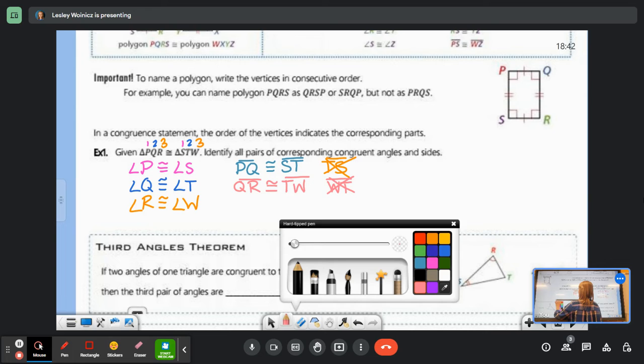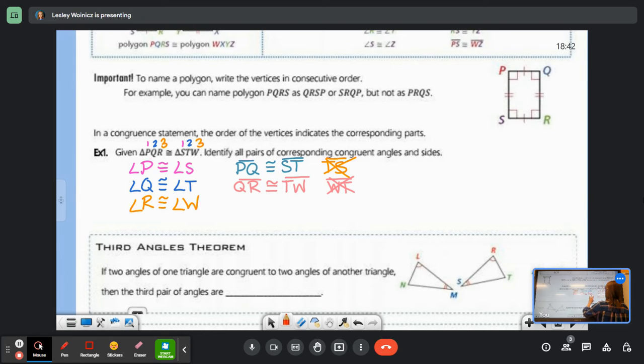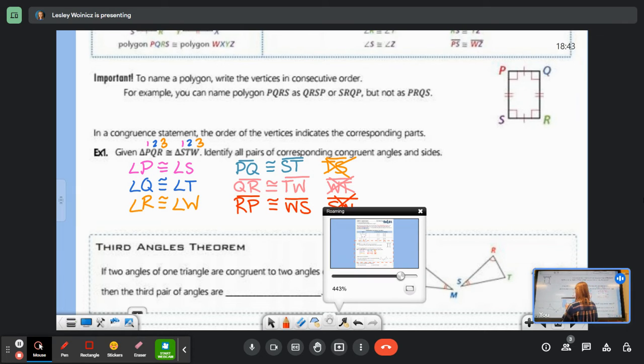Okay, last. RP is congruent to WS. Don't write SW. It has to go in the same order. All right, that's enough of that.